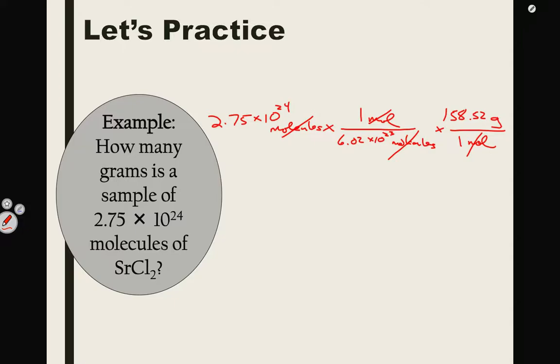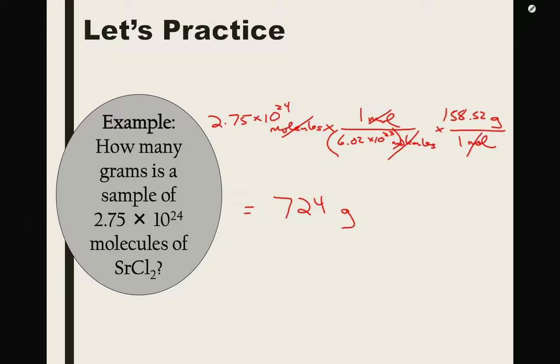So then to do this, I would just multiply straight across, so 2.75 times 10 to the 24th times 1 times 158.52, and then I would divide, in parentheses, 6.02 times 10 to the 23rd, and I would get an answer of 724 grams.